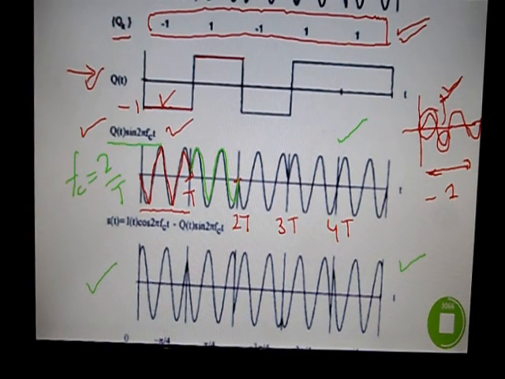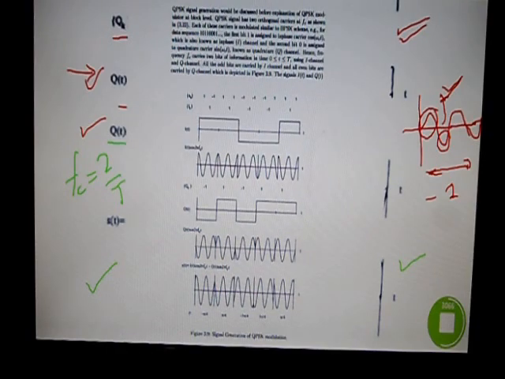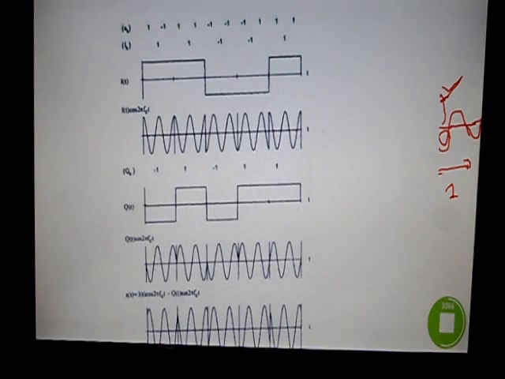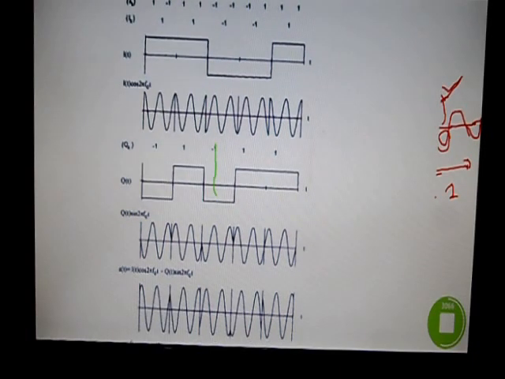Let me draw another figure so that we can see these signals together on a single screen.